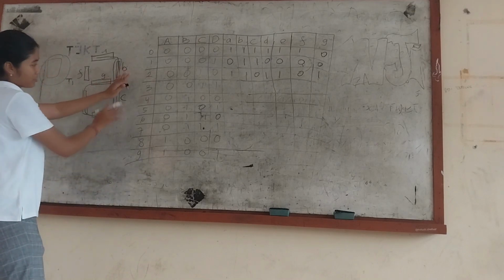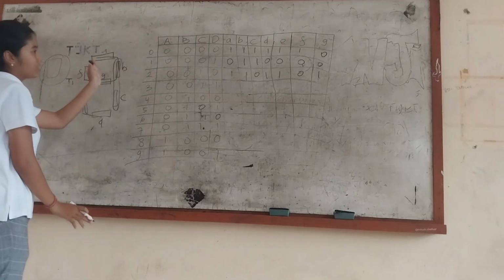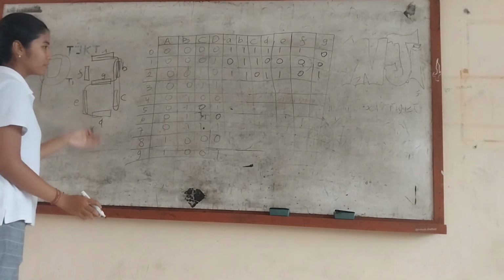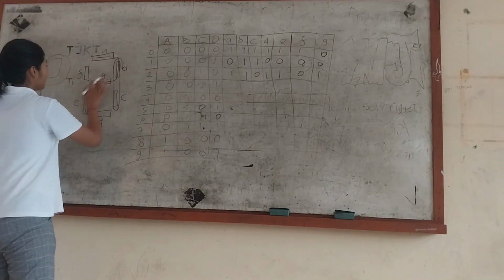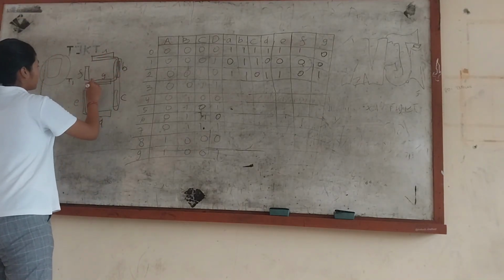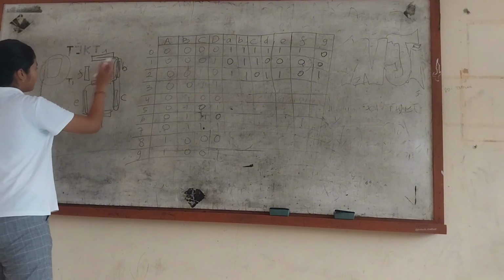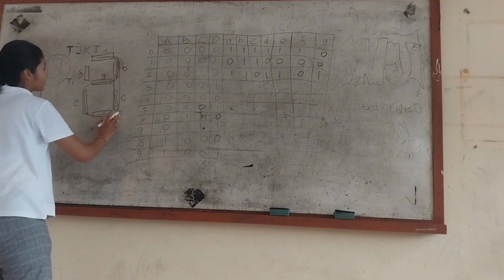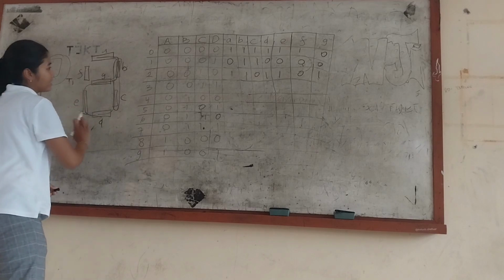It seems like 9, so I would make it 3 like this, 3. So A, B, G, C, and D are 1. F and E are 0.